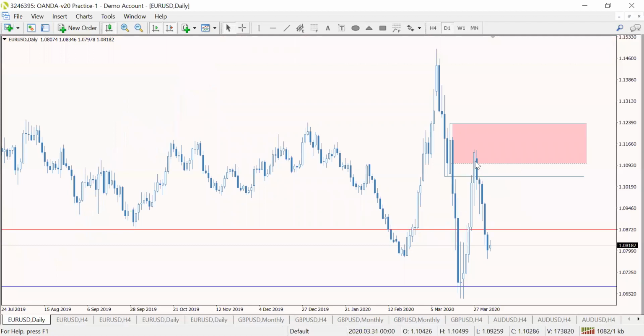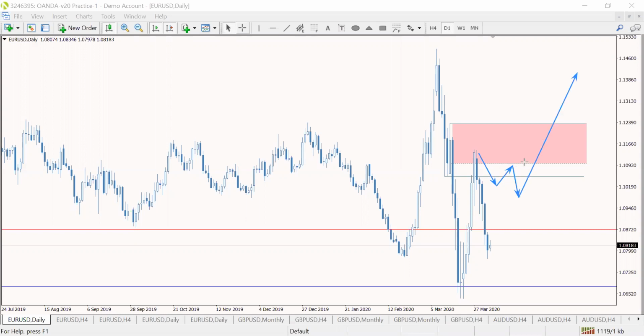You can see also on the daily, we've got a supply zone. And remember last week I said there are two things that this market can do. I said, one, it can correct and move up.